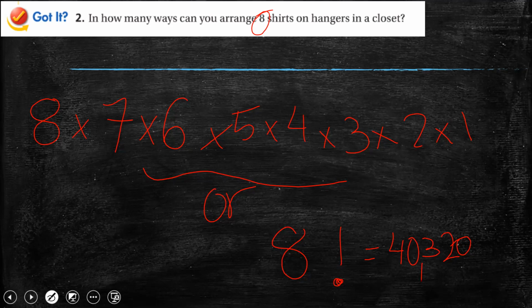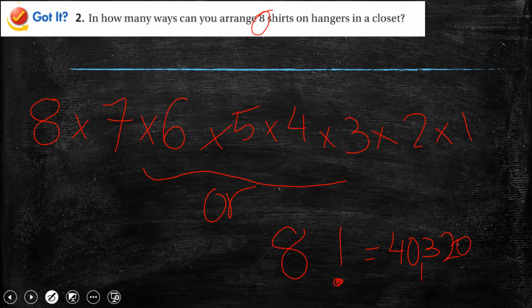So the first time you can arrange green, then blue, then yellow, and so on until you finish. So you mean arranging the shirts in a different way? Yes, that means the first time you can choose green, then yellow, then pink, and so on. Oh, okay. Thank you, teacher.